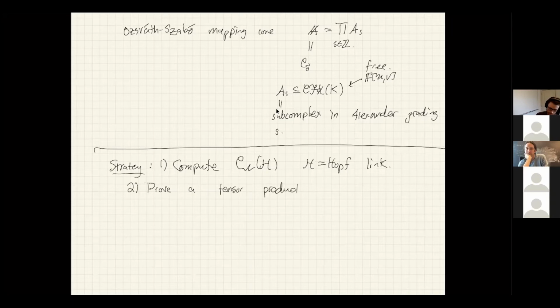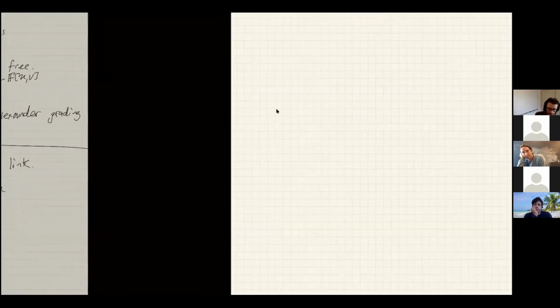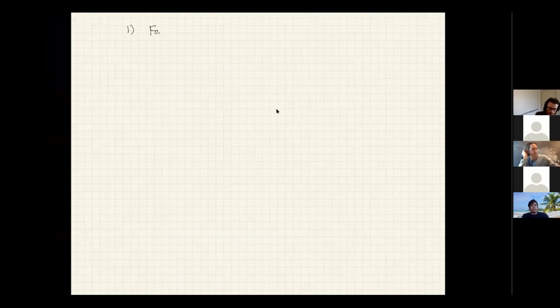There's a few more steps that actually end up happening. This story is somewhat complicated, but these are the main ideas: you compute it for the Hopf link, and then you prove a tensor product formula for it. And so for the Hopf link, most of the maps are determined by grading considerations.